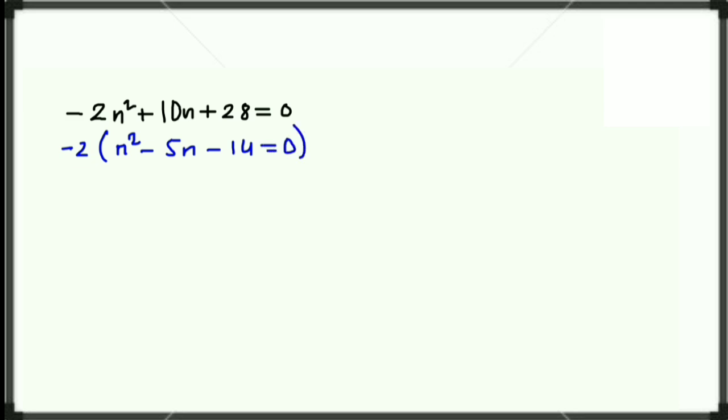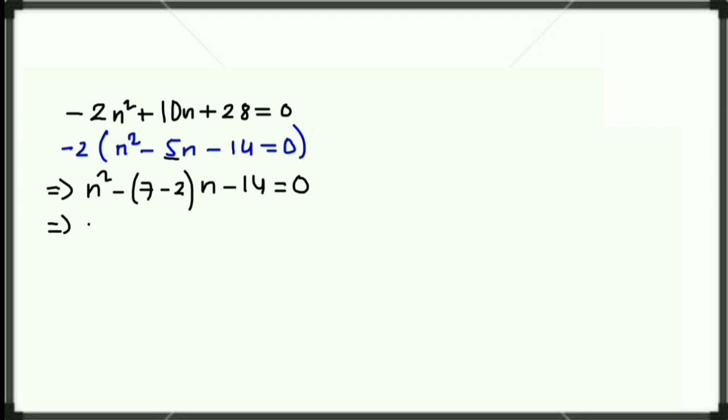Now, by splitting its middle term, we can easily solve this equation. So n square minus, and this 5 can be written as 7 minus 2. 7 2s are 14 and 7 minus 2 is 5. n minus 14 equal to 0.